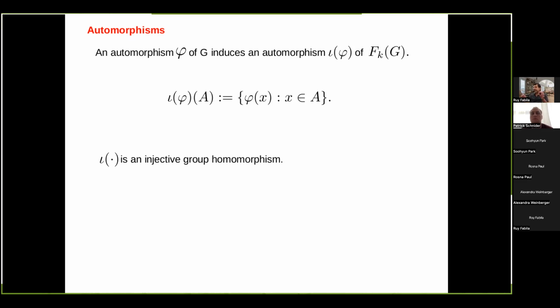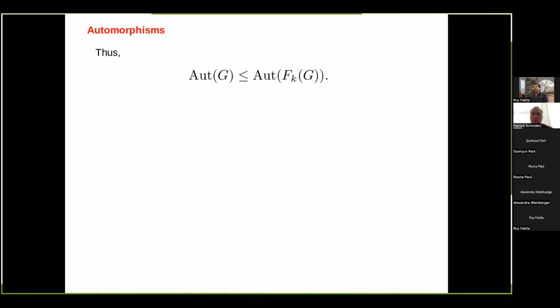So different automorphisms of G go to different automorphisms of the token graph. That implies in particular that the automorphism group of G is always a subgroup of the automorphism group of its token graph.